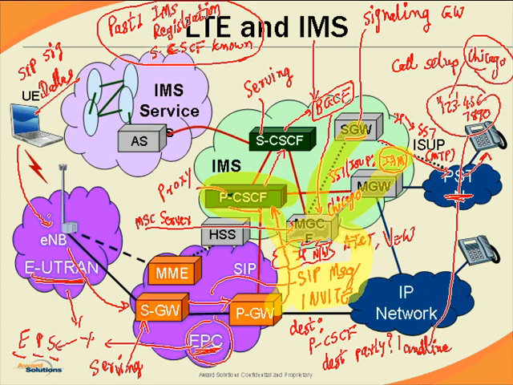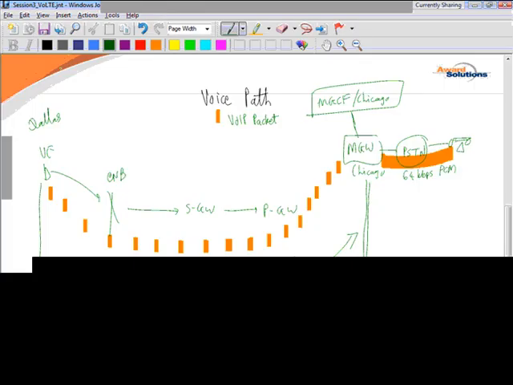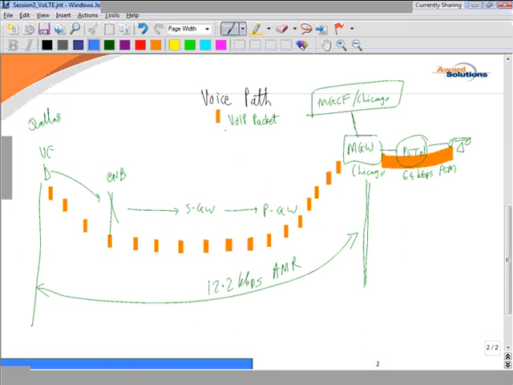Okay. So yeah, maybe this picture is a little misleading, but let me show you from the journal. Here, if you see, the voice over IP traffic itself does not pass through MGCF.